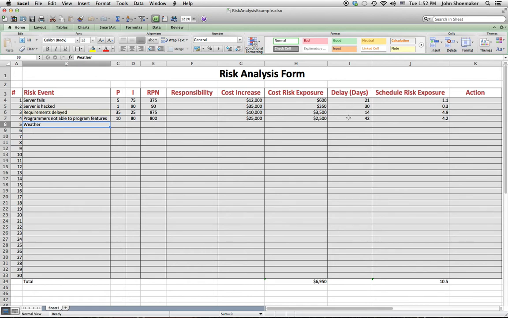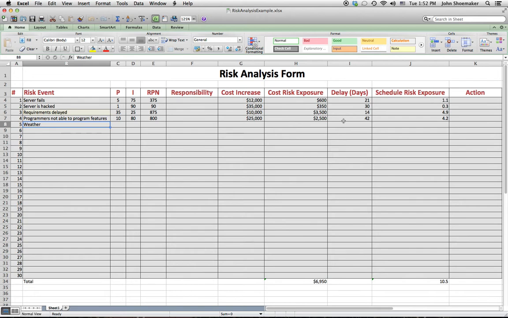That's your priority. See, the thing is that we don't have the resources to be able to deal with every risk. So we have to pick out the ones that are going to do the most damage to our project. And if the driver of the project is time, then we need to sort them on the delay. On the other hand, if cost is our driver, the most important of the three constraints, then we're going to sort on cost.